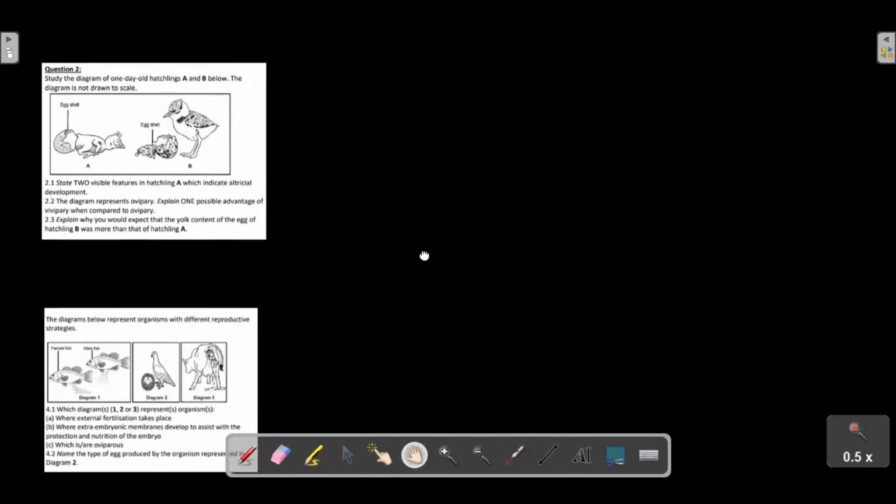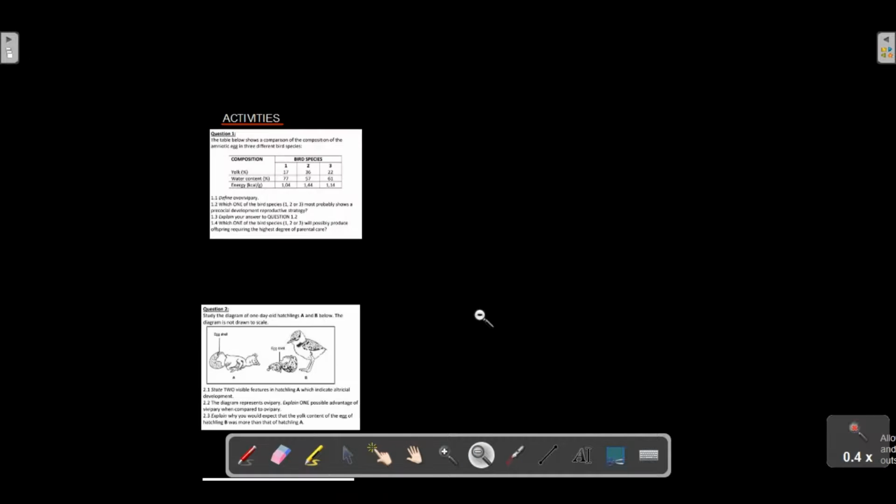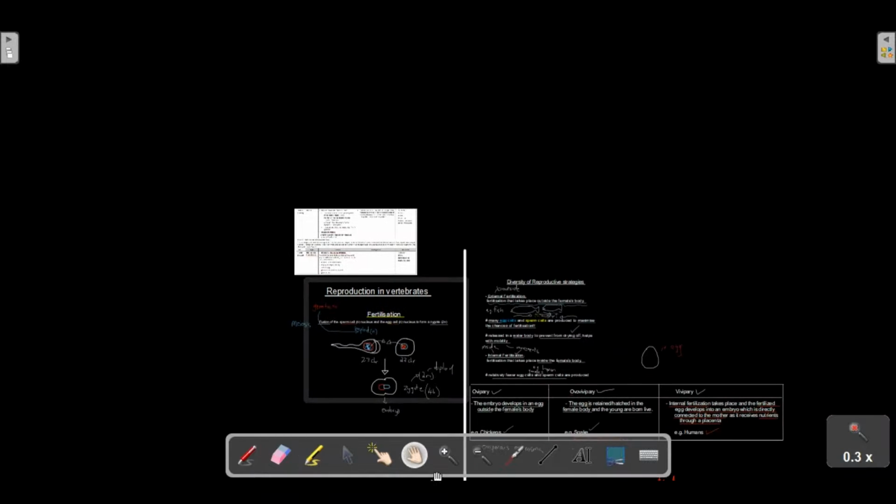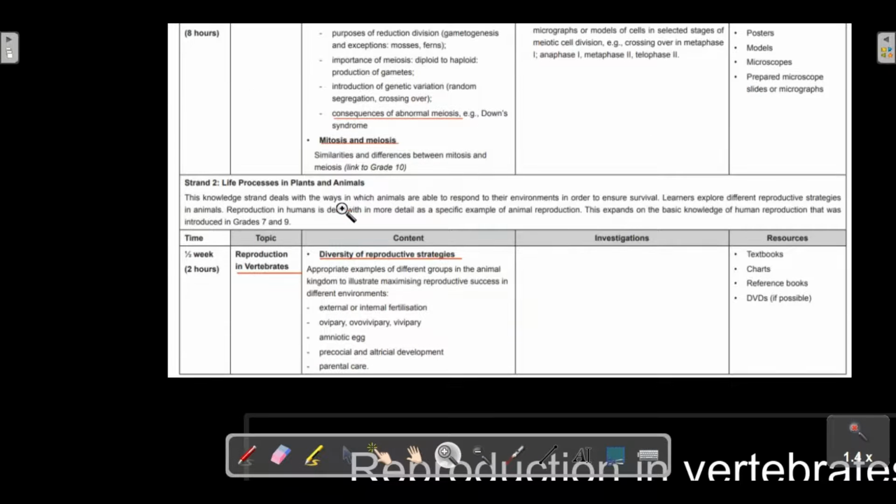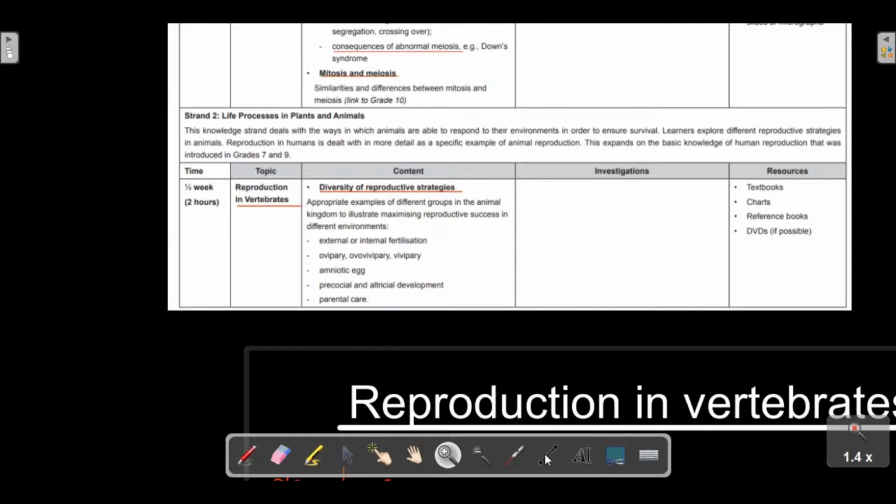These should test that we have achieved our objectives, which are looking at the different types of concepts: knowing the difference between external and internal fertilization, the different types of reproductive strategies, the amniotic egg, precocial and altricial development, and also parental care.